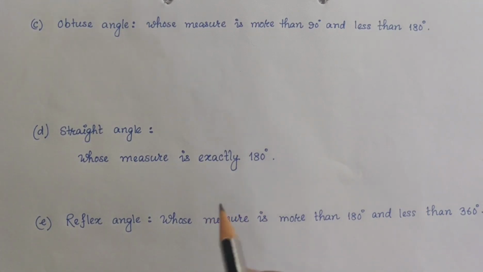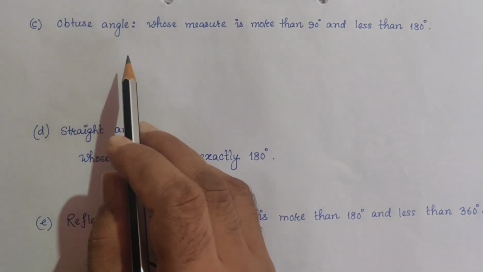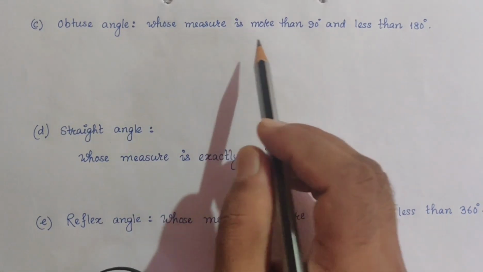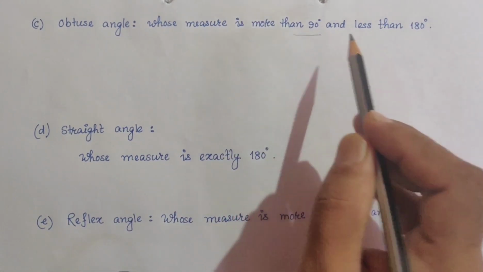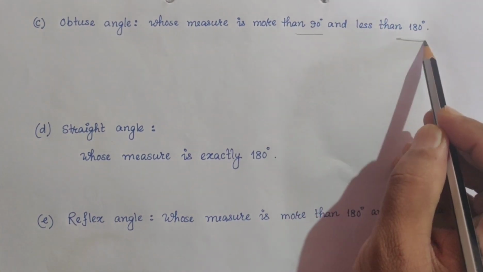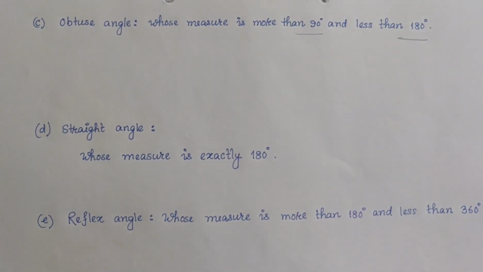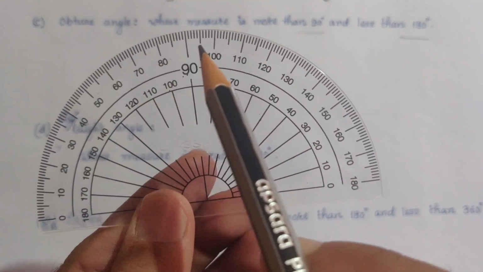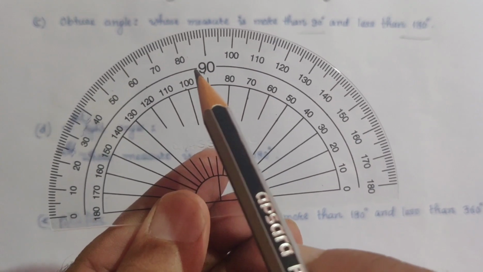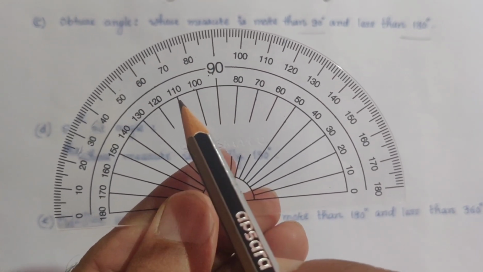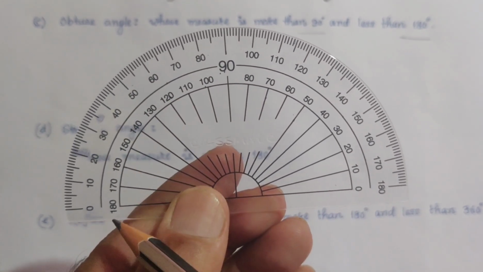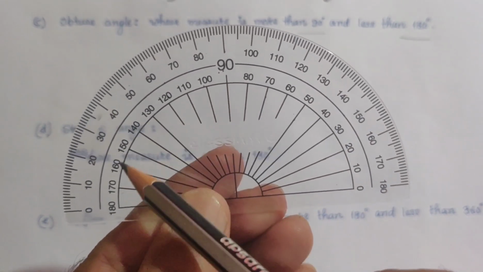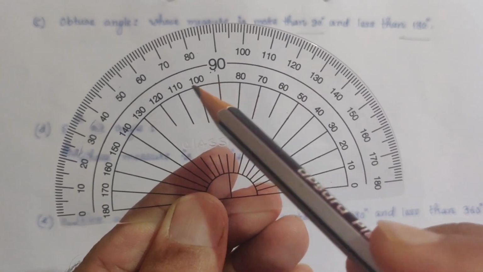Now let us see an obtuse angle. Obtuse angles are those angles whose measurement is more than 90 degree and less than 180 degree. In the protractor, if you see here, this is the 0 mark and this is the 90 degree mark, and these are 100, 110, 120 up to this 180. That means the range of these angles is in between these values.